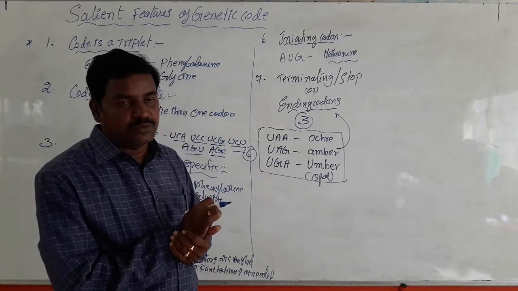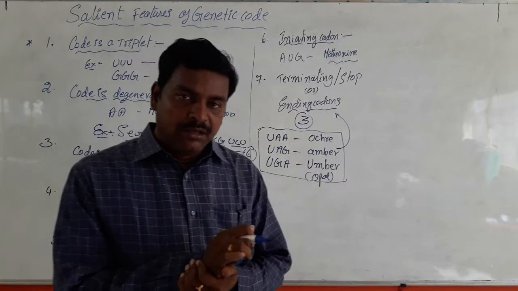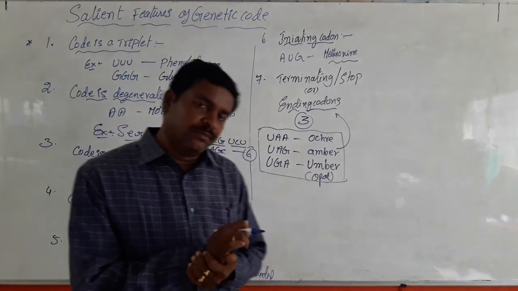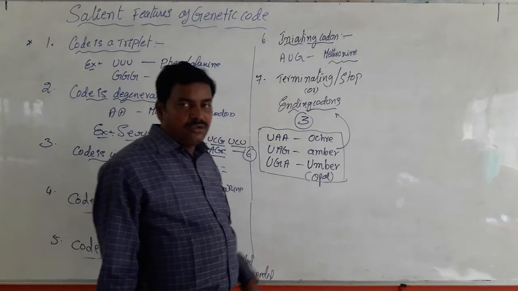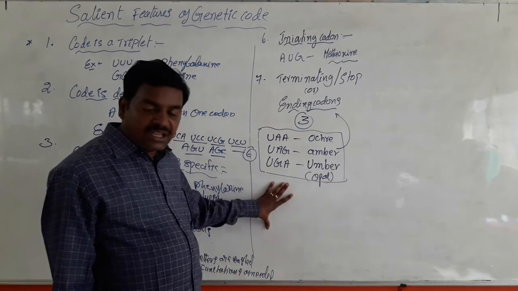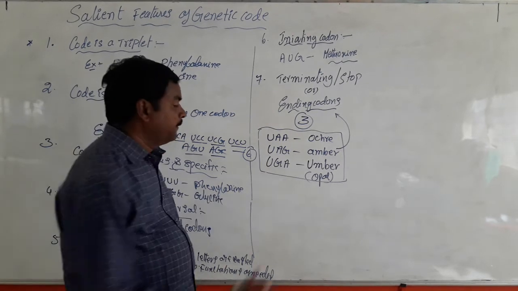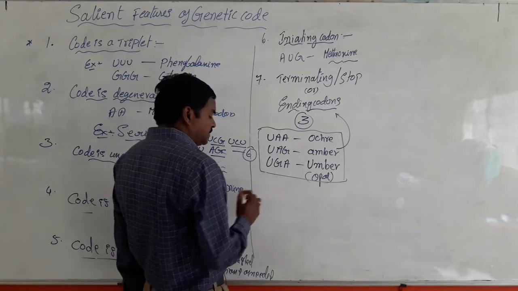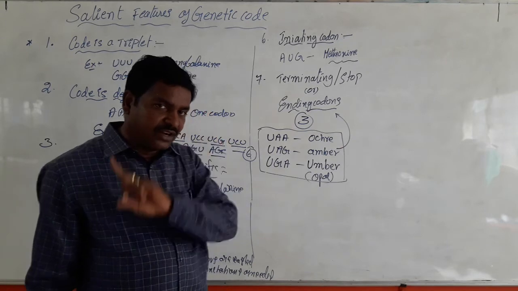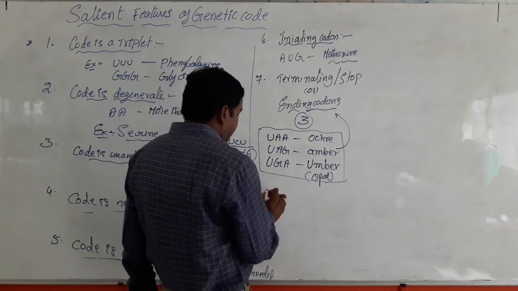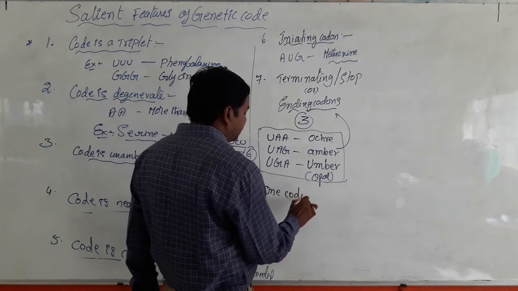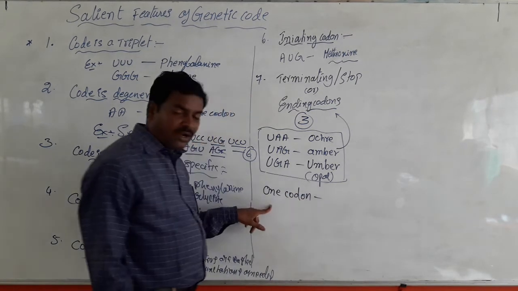Students, now coming to the most important objective lines. Some important points from the genetic code table. Very important objective points from the codon table. In total there are 64 codons. Some amino acids are recognized by only one codon.